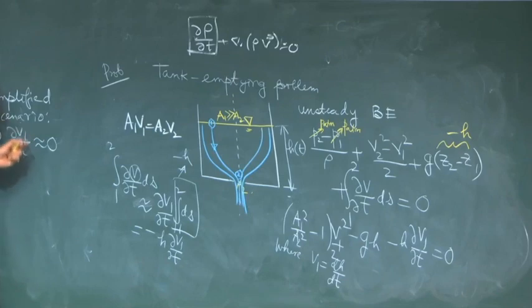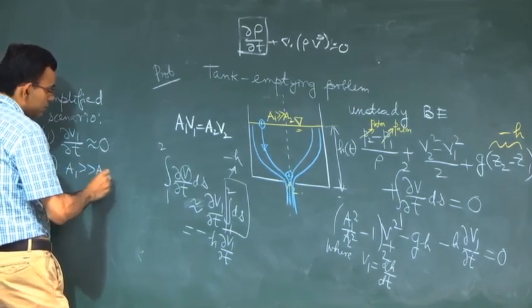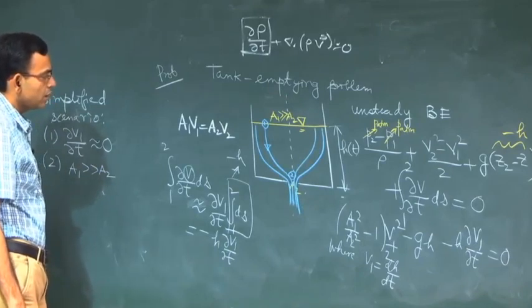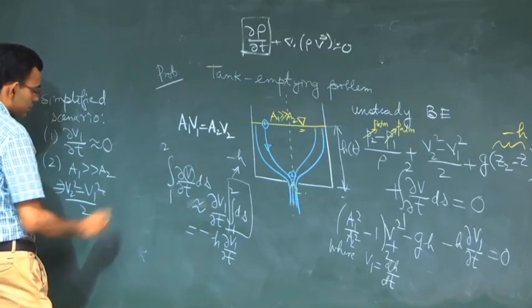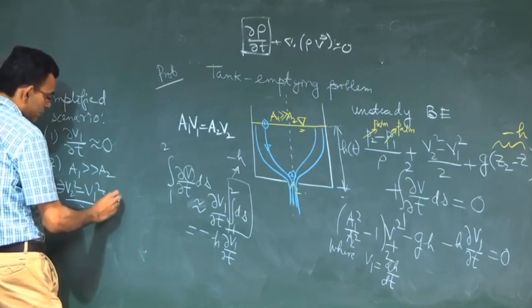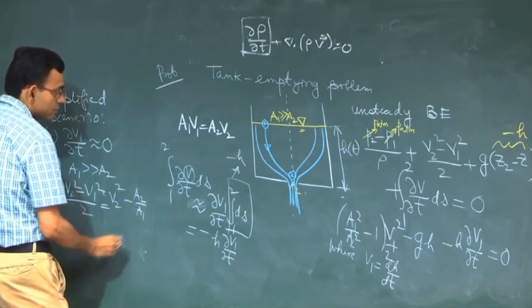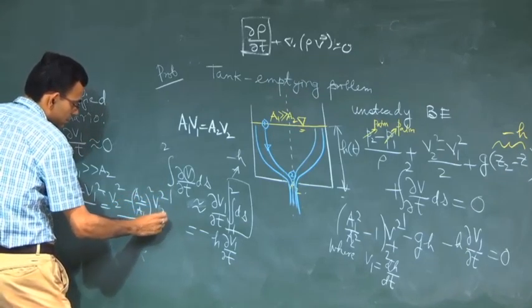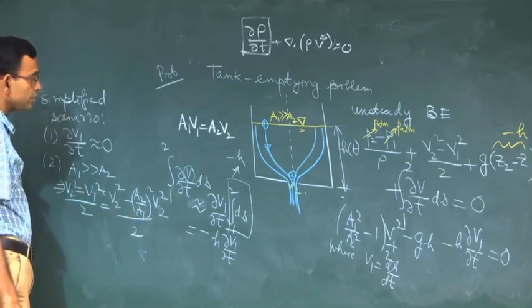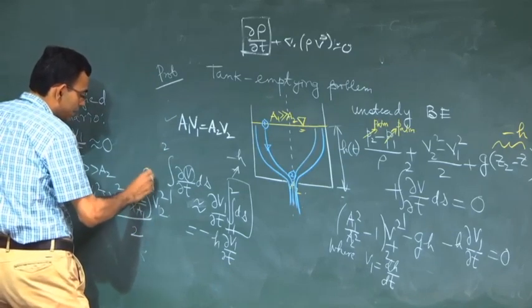So, this is negligible, and the other term, right from this equation, and because A2 is much less than A1, can be neglected.